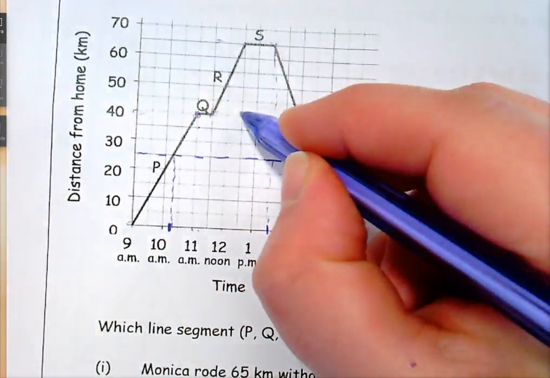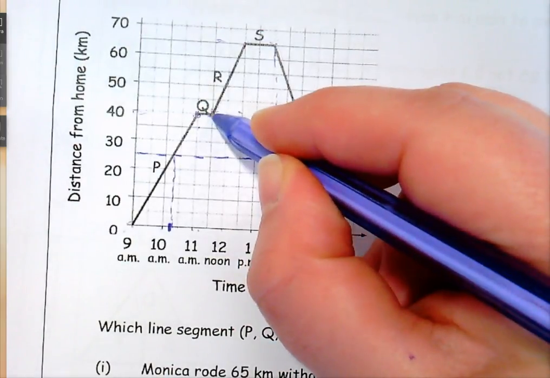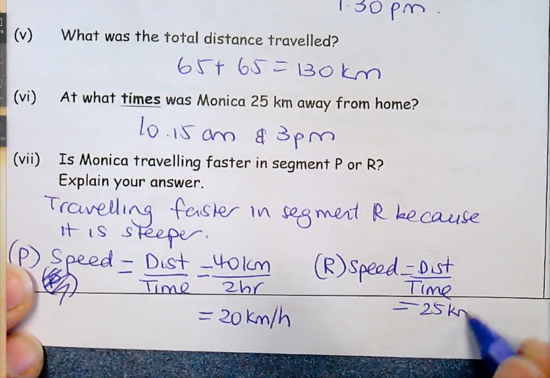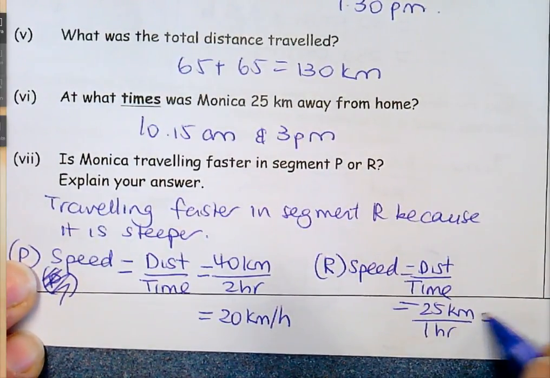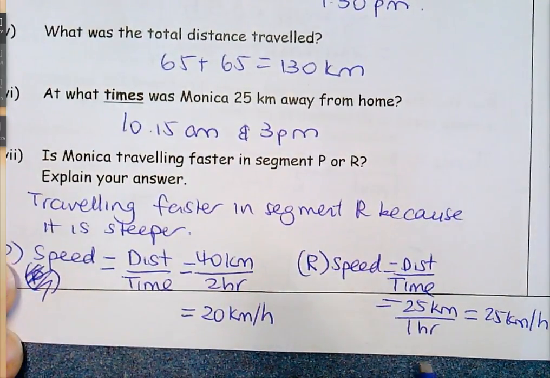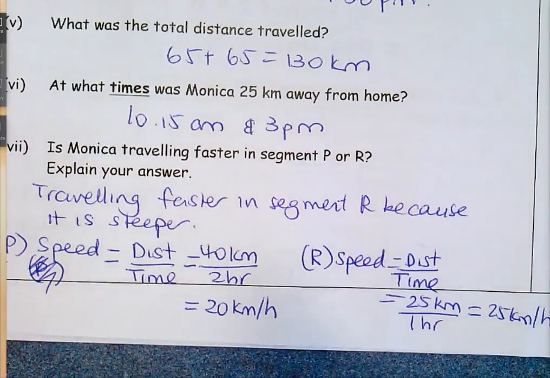You're doing that from 11:30 till 12:30, so that's taking an hour. So in section R, you're travelling 25 kilometres in 1 hour, and that speed is 25 kilometres per hour. And I know that you all know that 25 kilometres an hour is faster than 20 kilometres an hour.